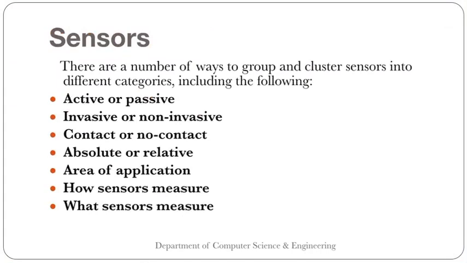For example, thermoelectric or thermochemical sensors, optic sensors, electric sensors. Then the last one is what sensors measure, the physical variable they are measuring; based on that we can also categorize the sensors.